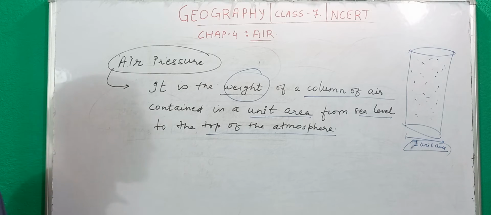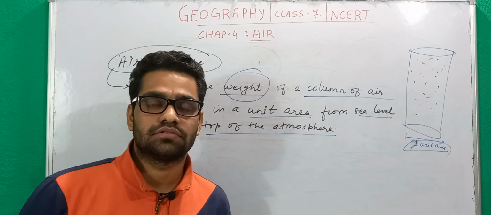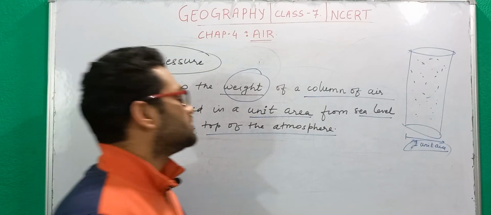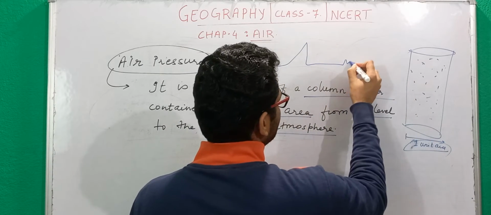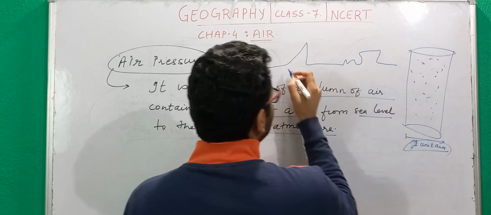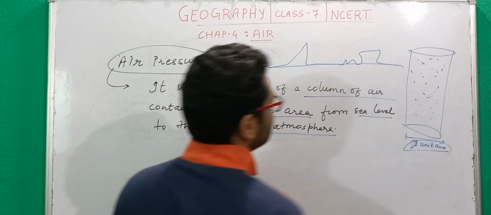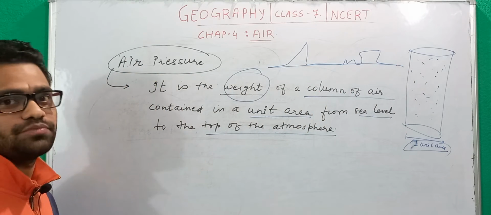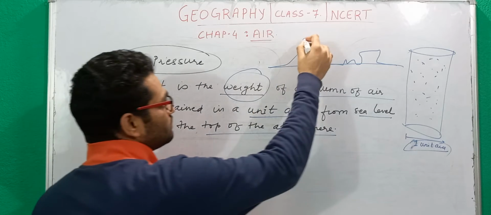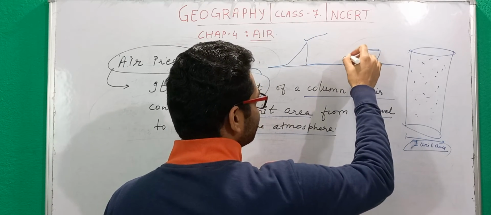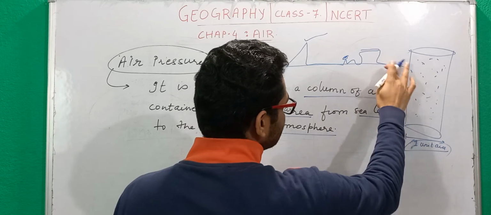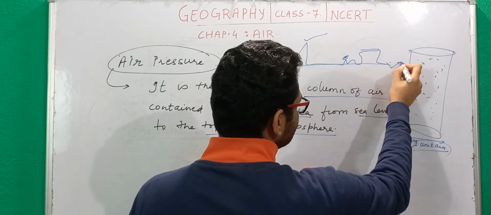Now why sea level, why not land level? Because land is something like this, a very uneven type of surface. You will have mountains, plateaus, hills, and also depressions and valleys.